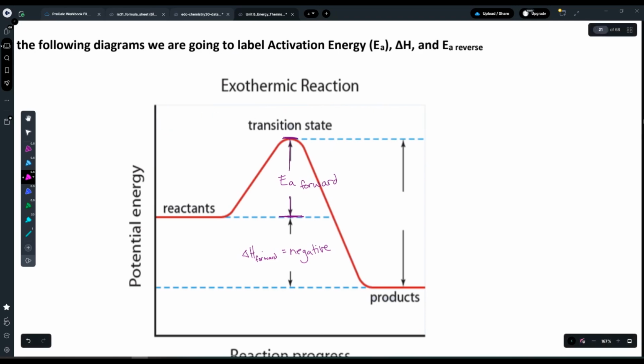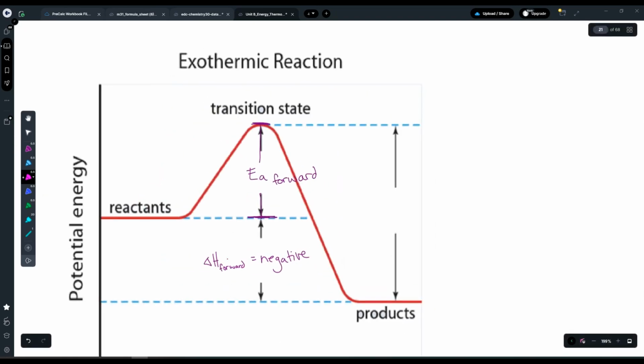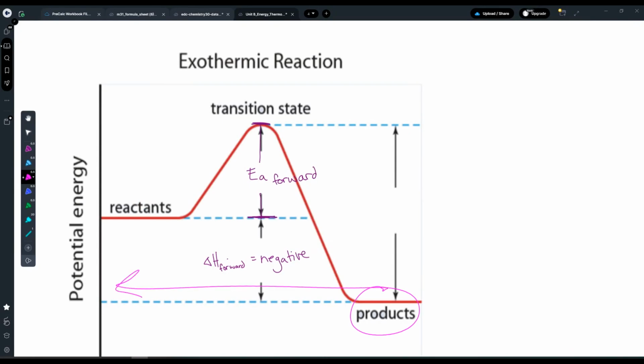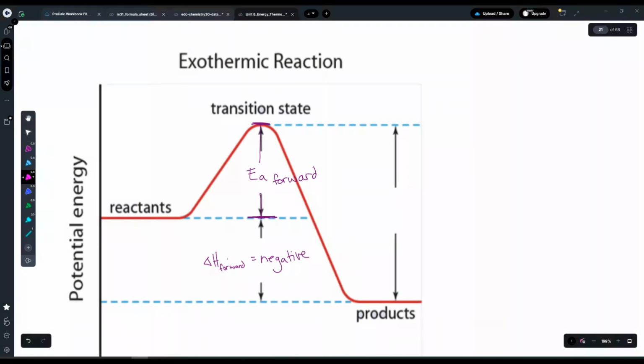Since this is the reverse reaction, we're starting at our products and going to our reactants. So for our activation energy, you're going to start at the potential energy of your products and go to the top of the hill. That is your EA reverse.